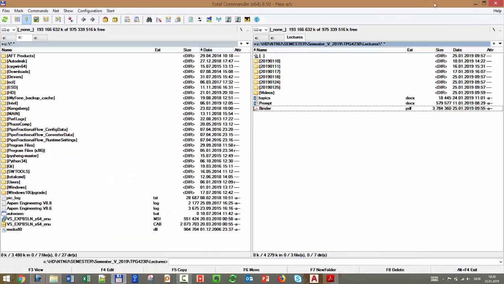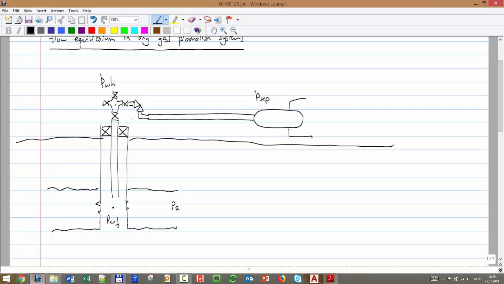So today, the idea is that we are focusing on one crucial aspect of field development, which is trying to characterize and predict the performance of the production system. We are going to spend a few more classes on that, because it's crucial.